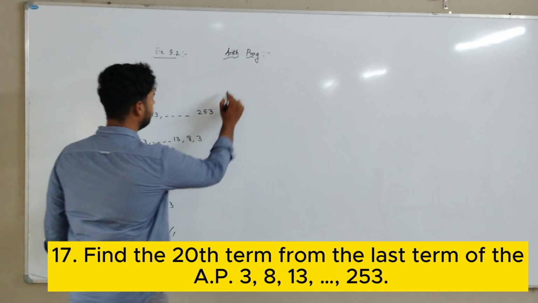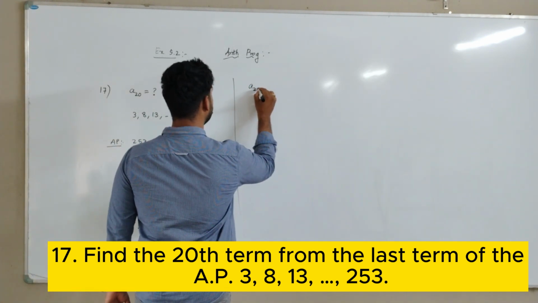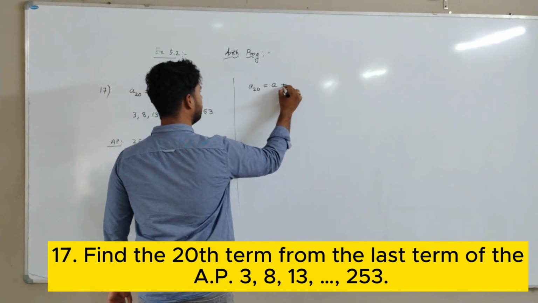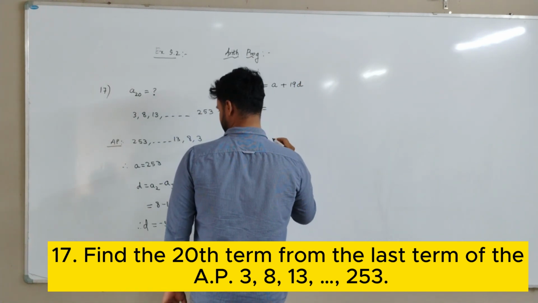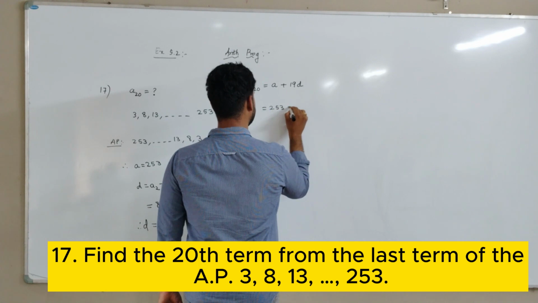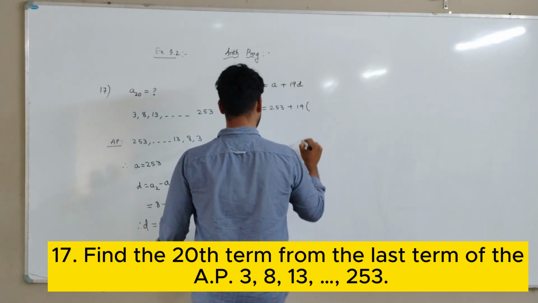I should find A20. A20 is equal to A plus 19D. A is 253 plus 19 of D, which is minus 5.